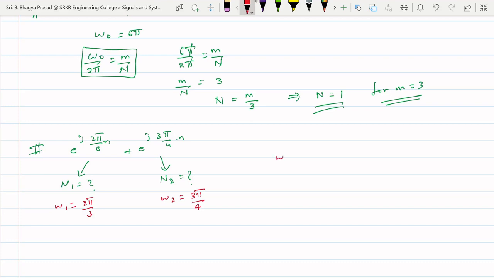Again omega naught by 2 pi equals m by n, so omega 1 by 2 pi equals m1 by n1.